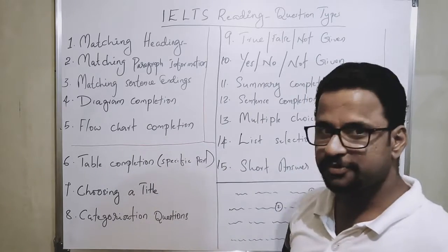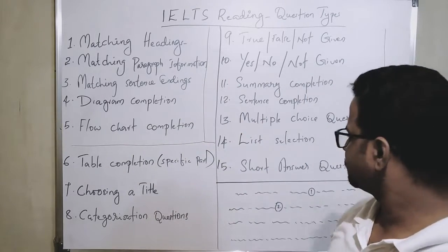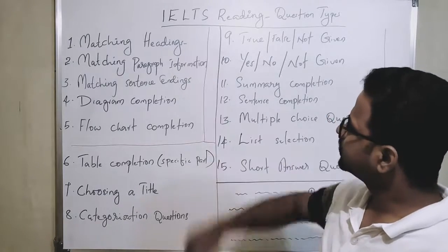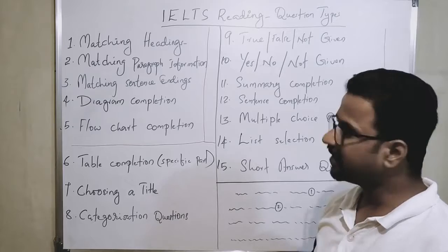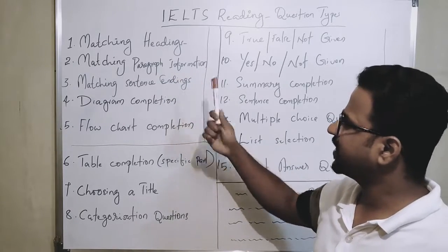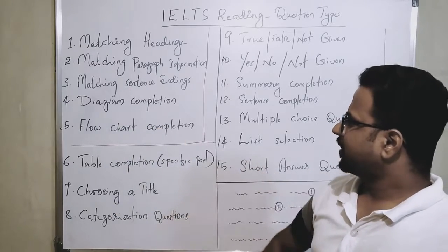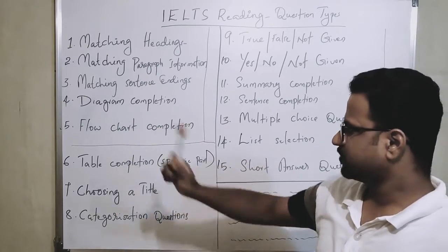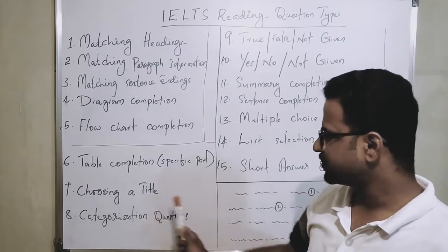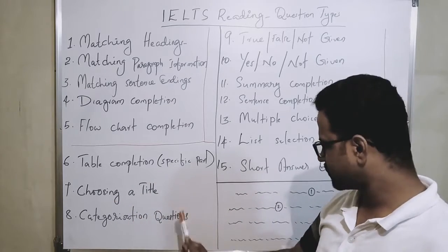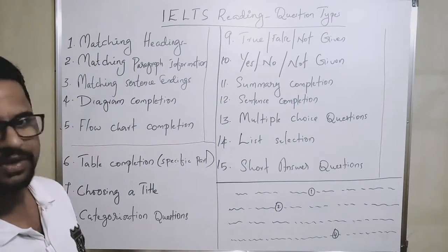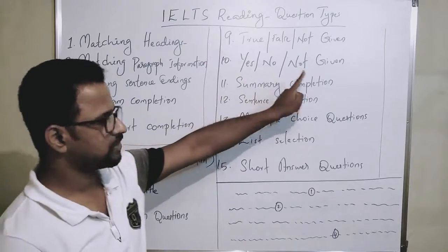Okay, so let me first read out all the 14-15 types of questions, and then later we discuss something, right? So the first one is matching headings, matching paragraph information, and then matching sentence endings, and diagram completion, also flowchart completion, and table completion, choosing a title, categorization questions, and then later true or false or not given, yes or no or not given.